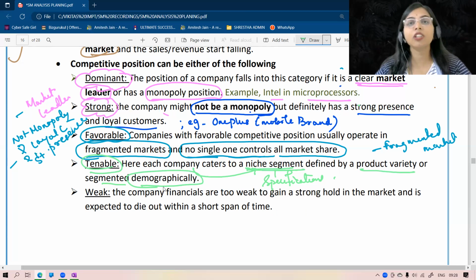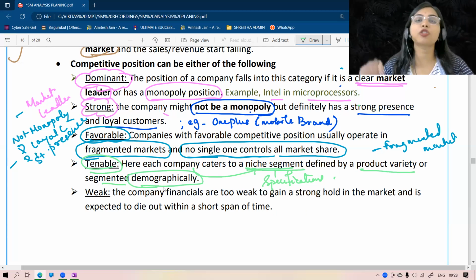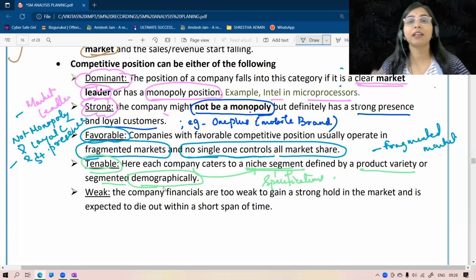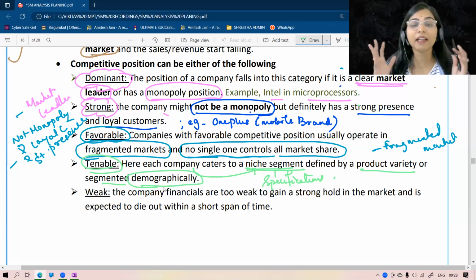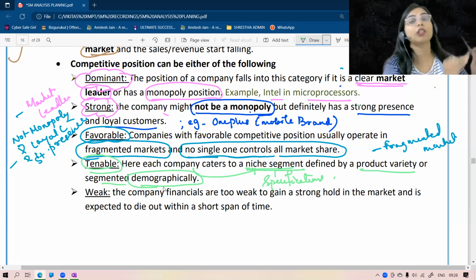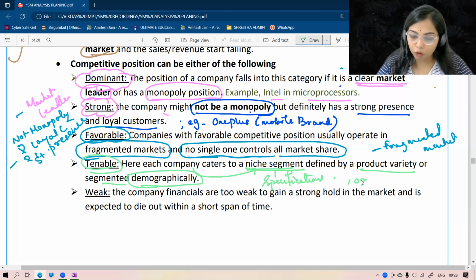But slowly it got competitive advantage, competitive rivalries. And then Oppo thought that you should change something and bring something new, so that the product remains very different, a variety, and segmented to a very small part of the people. Got it, everyone? So write the example: Oppo pop-up camera.